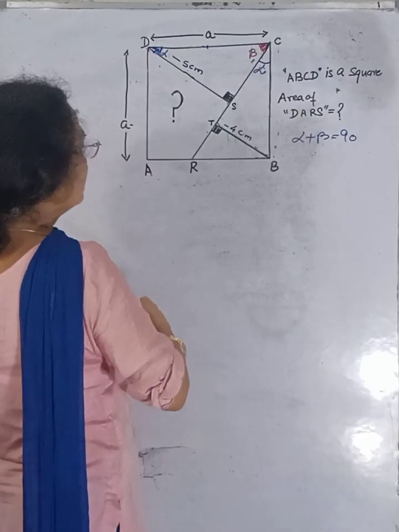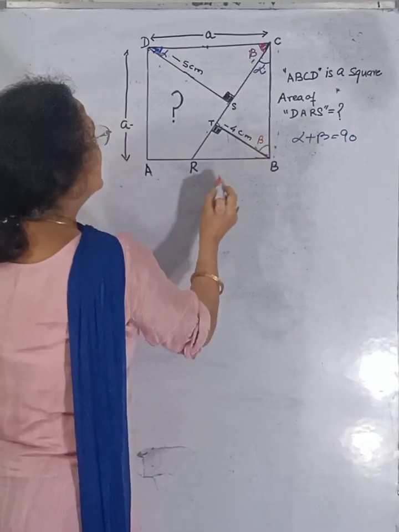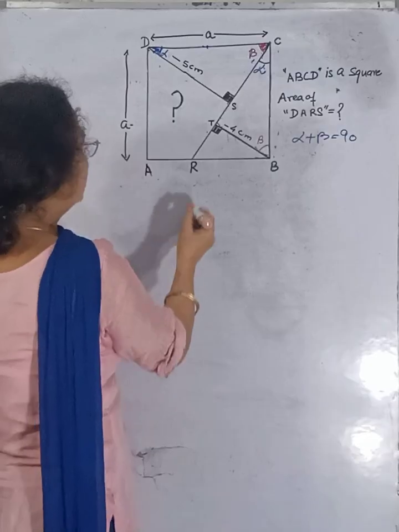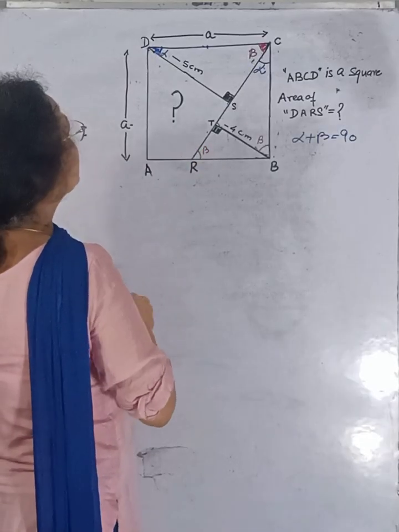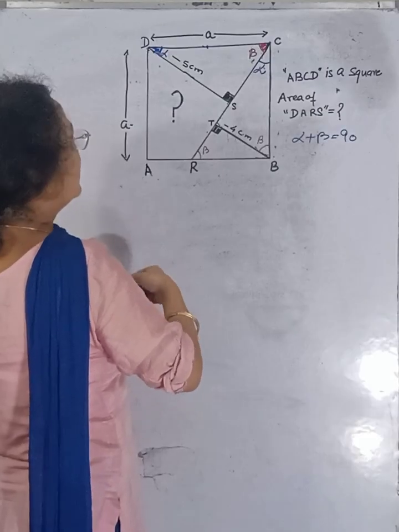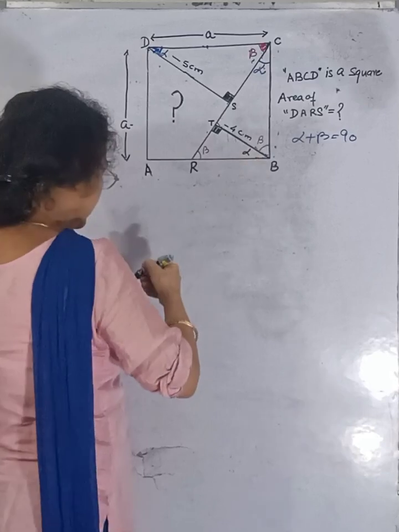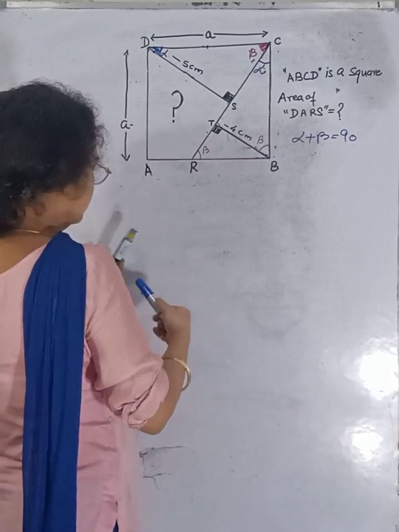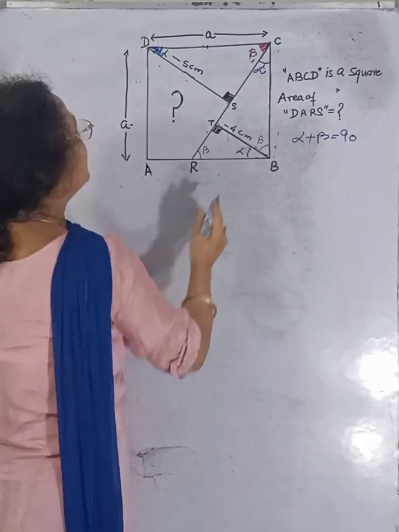So this will be alpha and this will be beta. Sorry, this was blue, this was alpha, and the red one is beta.